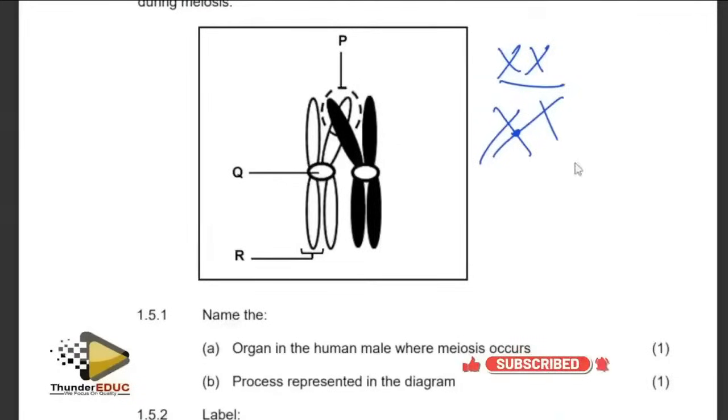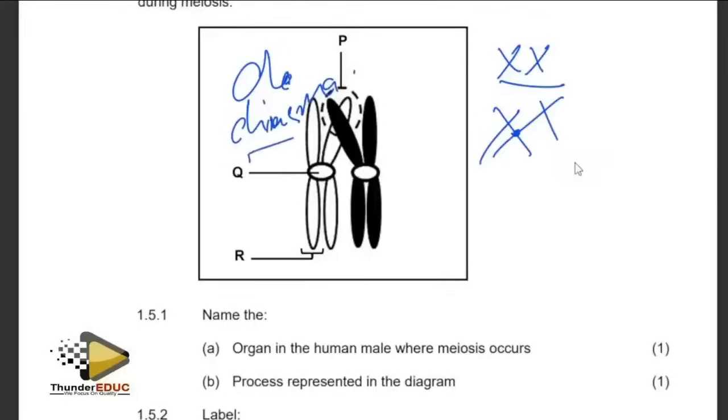A centromere is Q. Please don't confuse centromere and chiasma. Chiasma is a different thing. This is a centromere.